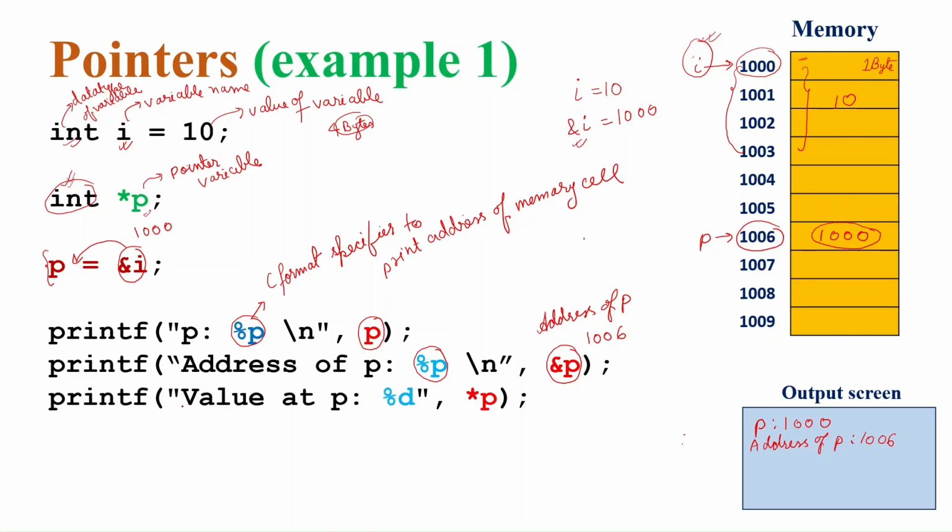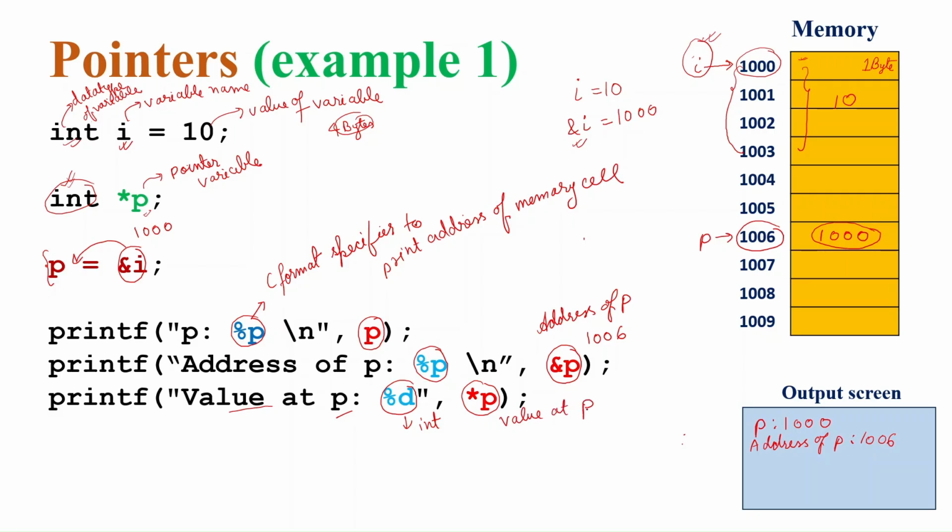Next line is printf value at p is equal to percent d. As we know, this format specifier is for the int data type. Now this is star p, which means value at p.